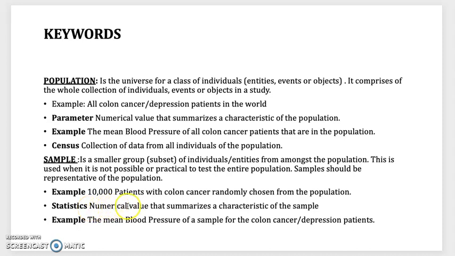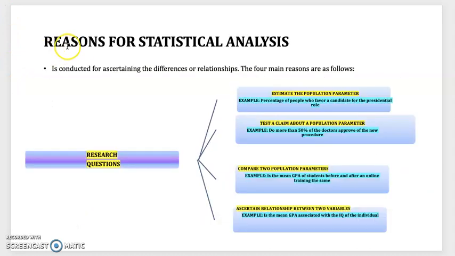A statistic is a numeric value that summarizes a characteristic of the sample. For example, the mean blood pressure of the sample of colon cancer patients from those 10,000 patients from the population. After you understand the sample and the population, we have the reasons for statistical analysis.